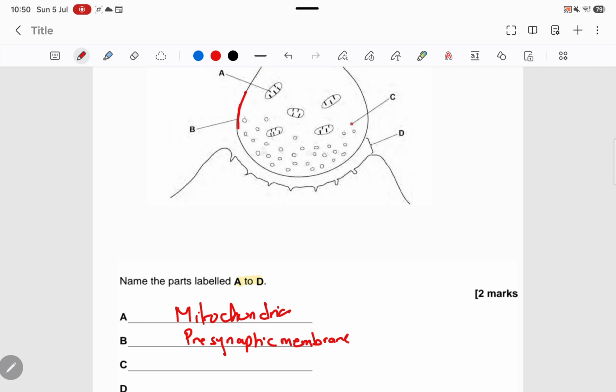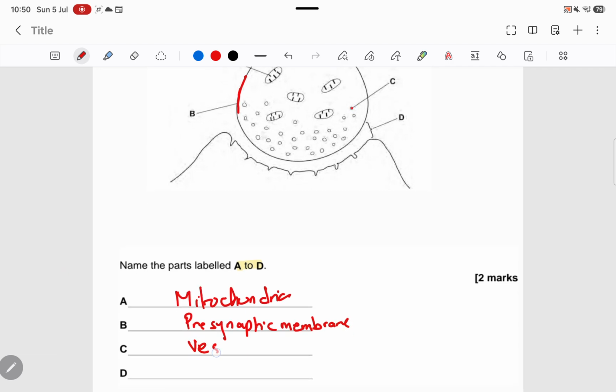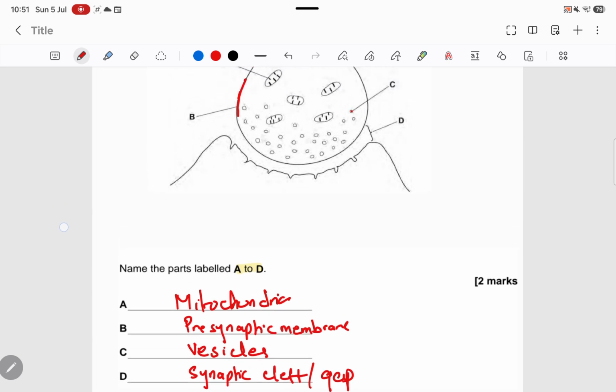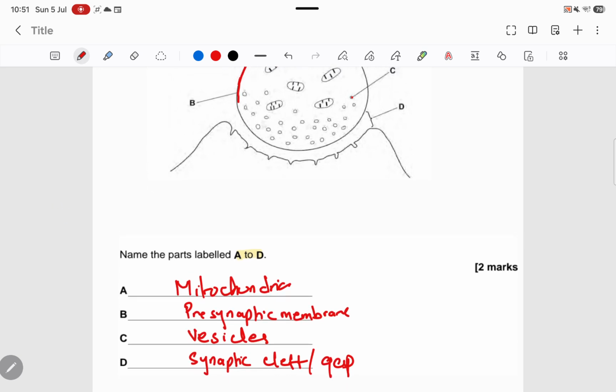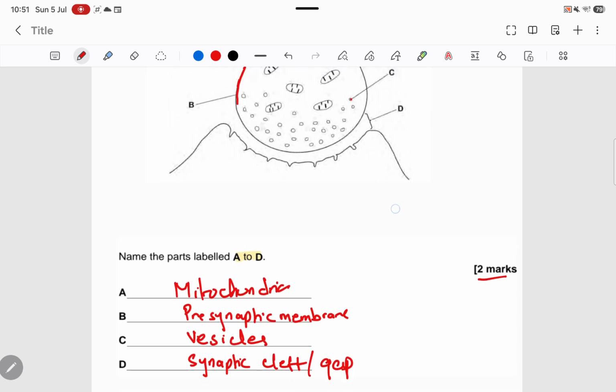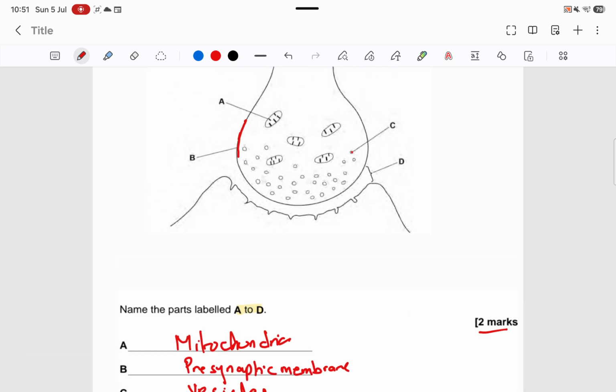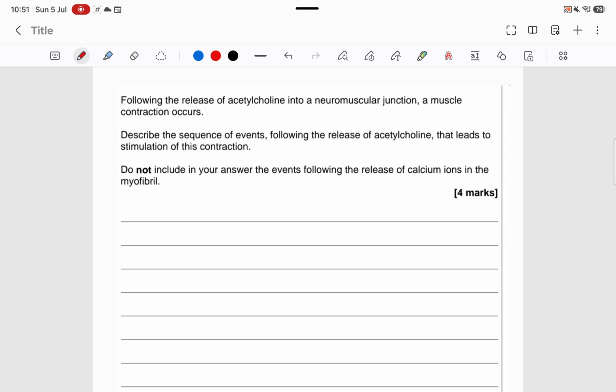The C, these are the vesicles that contain neurotransmitter, and the D is the synaptic cleft. We can also write the gap. There are 2 marks for this one, so you need to write all of them to get your 2 marks.